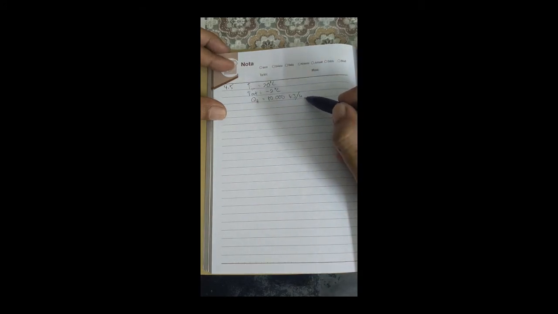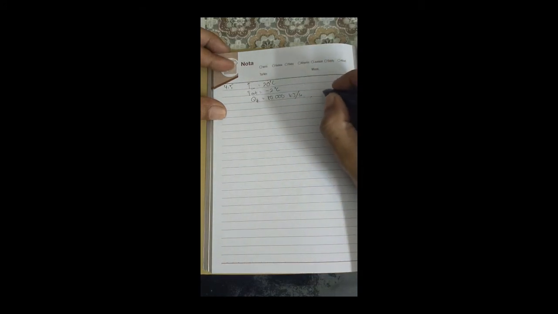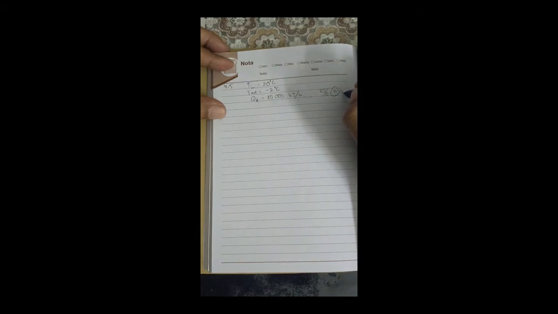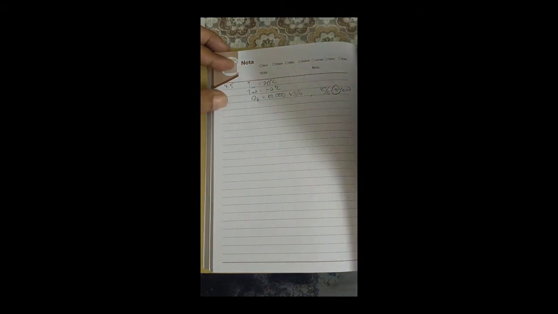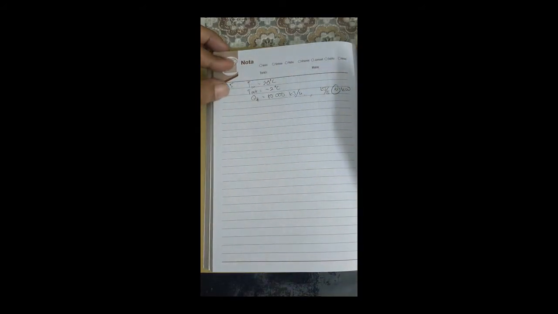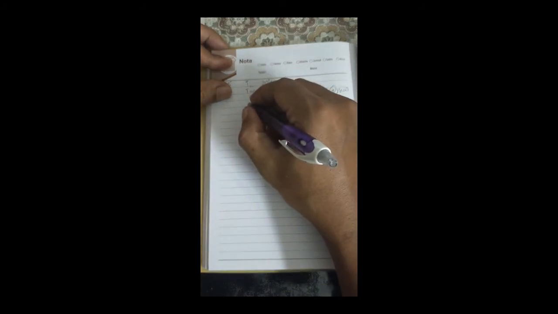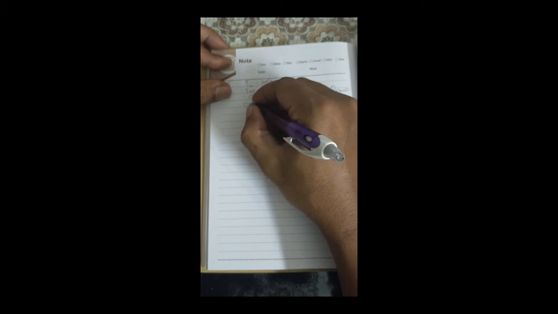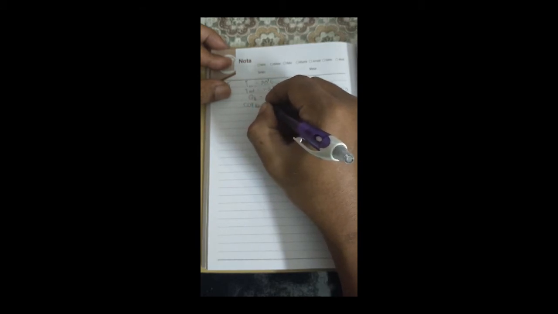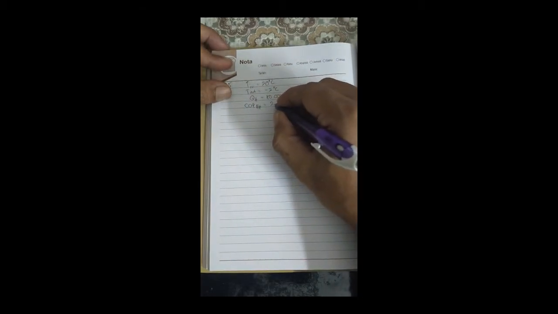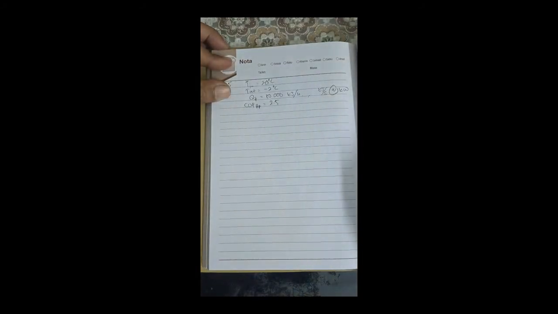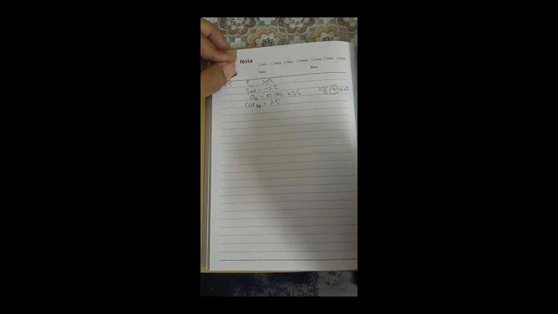Since it is per hour, you need to convert into kilojoule per second or kilowatt, where joule per second is watt. And given the COP of the heat pump is 2.5. So that is the data given by the question.